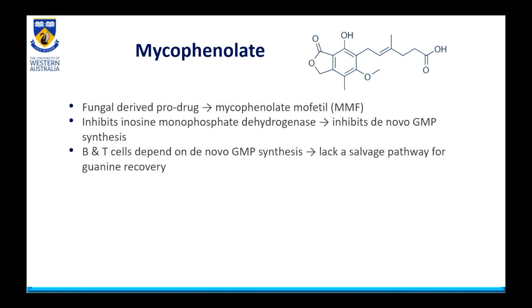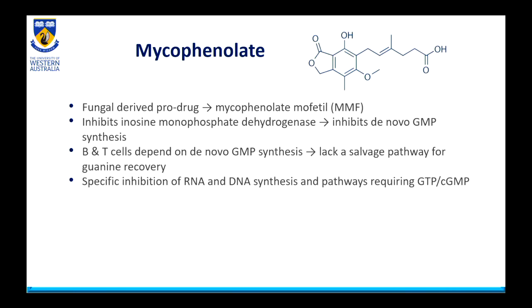And that's really important because both B and T cells depend on de novo GMP synthesis because they lack the salvage pathway for guanine recovery. So they can't use breakdown of RNA or DNA to recover the guanine that's needed. So it needs to have de novo GMP. There's specific inhibition of RNA and DNA synthesis occurring because of this drug, and also any other pathways which require GMP or GTP.